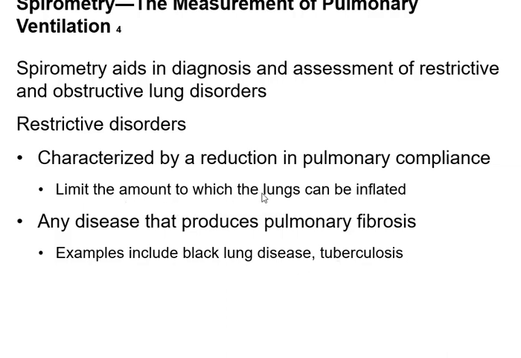Tuberculosis is another thing that's going to limit the amount to which you can inflate your lungs. So if your lungs are full of coal dust, or if your lungs are full of walled off bacterial infections. Tuberculosis gets its name because it makes little tubercles inside your lungs. So if you look at an x-ray, you can actually see the walled off areas of tuberculosis.